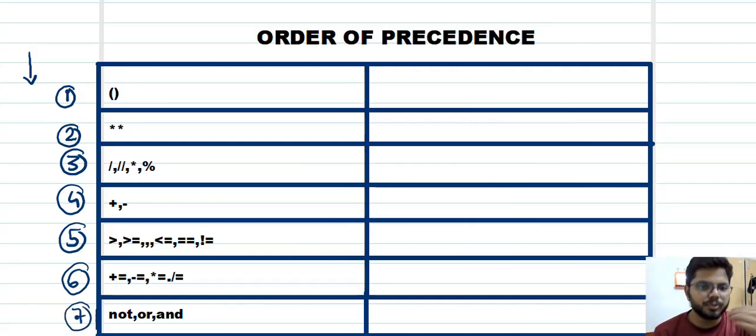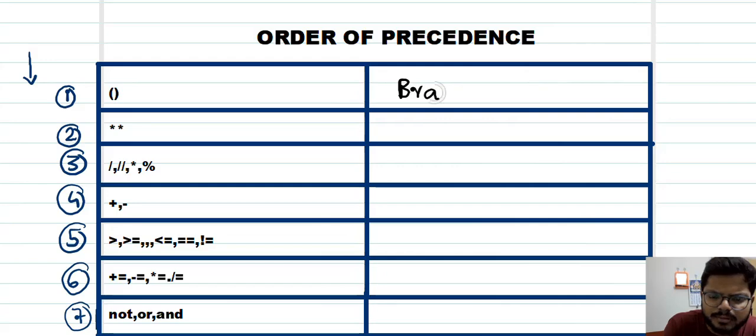These are the seven that you need to remember. I will change my color, I will write in black. So this first one indicates a bracket. Of course, yes, and this one is exponential.